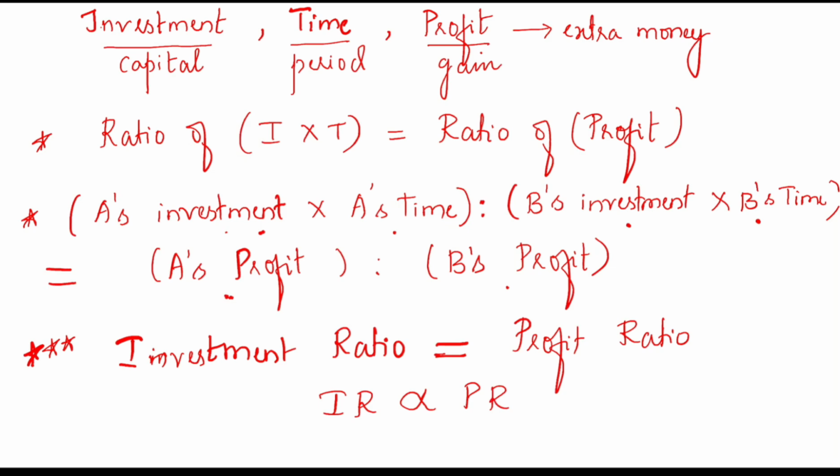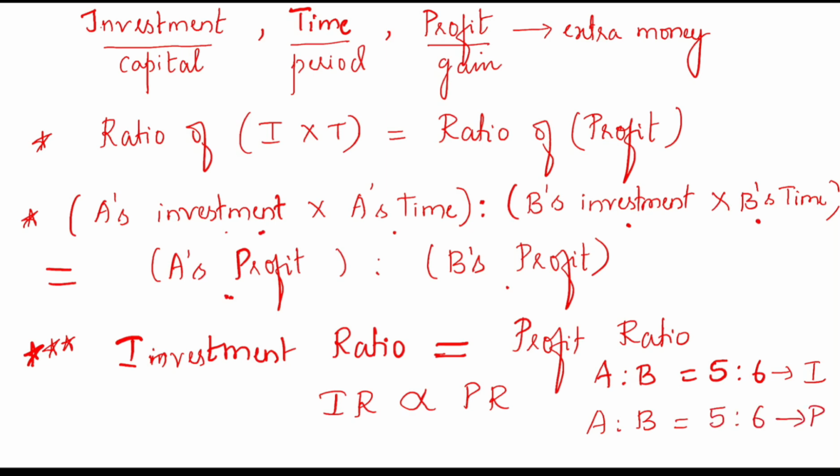For example, if A is to B's investment is 5:6, then A is to B's profit is also in the ratio 5:6.